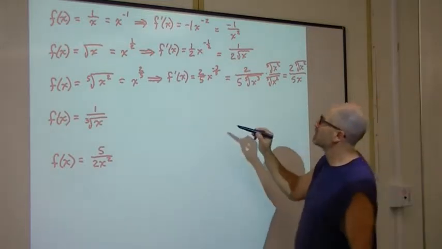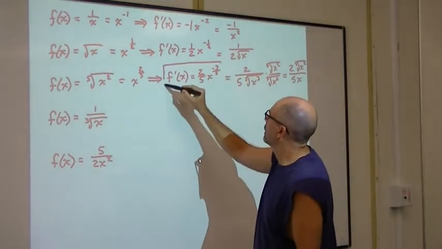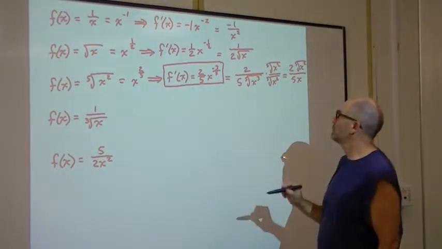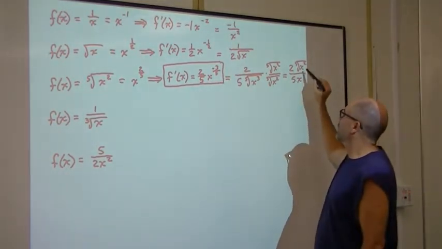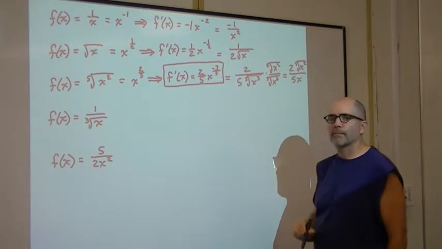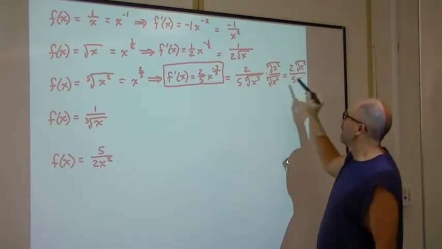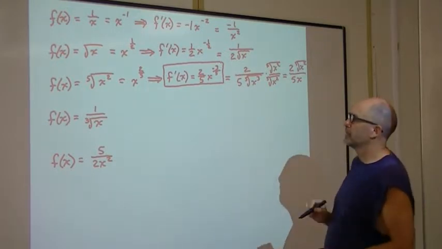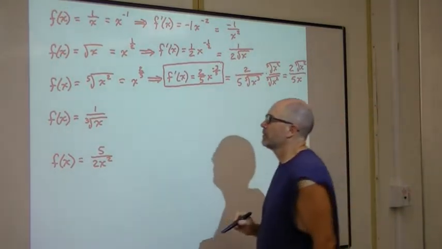So this is actually a simpler solution. But if you're asked for it in radical form and you want to rationalize the denominator, then that's going to be it. Okay, let's do another one.